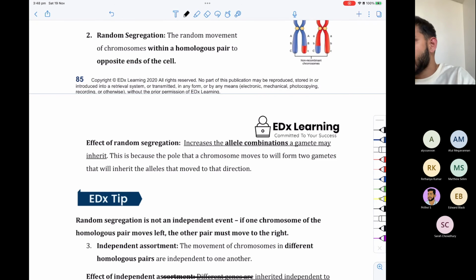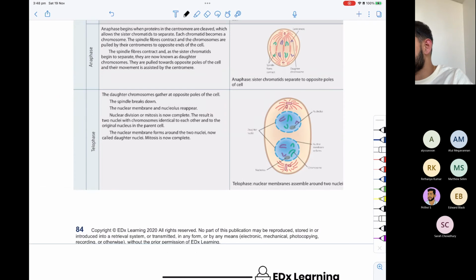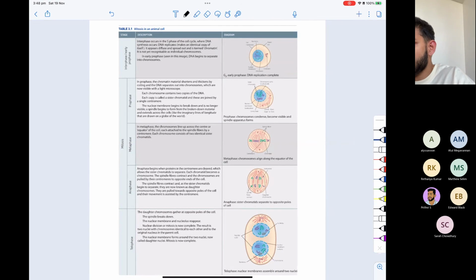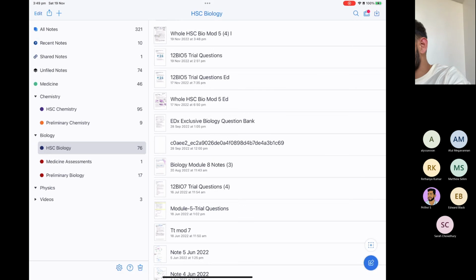So now, does anyone have any questions about mitosis and the process? So here's an in-focus textbook image that I really liked about mitosis. So you can have a quick look at it and how everything's changing. But any questions at all so far? Good. What I'll get you to do is a quick exam question, and then I'll take you through meiosis.